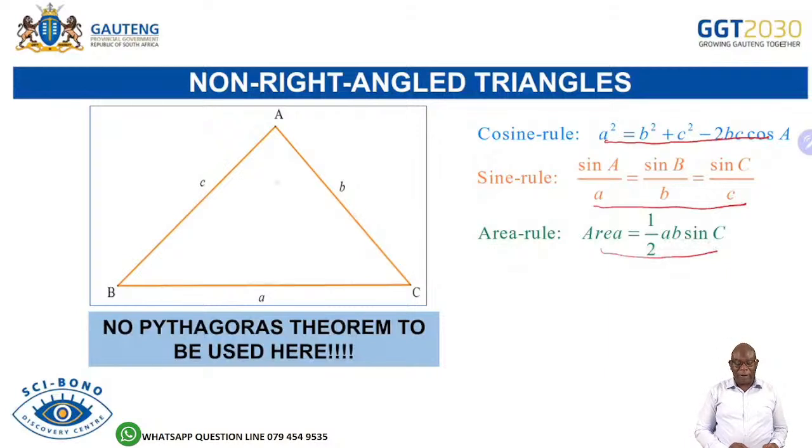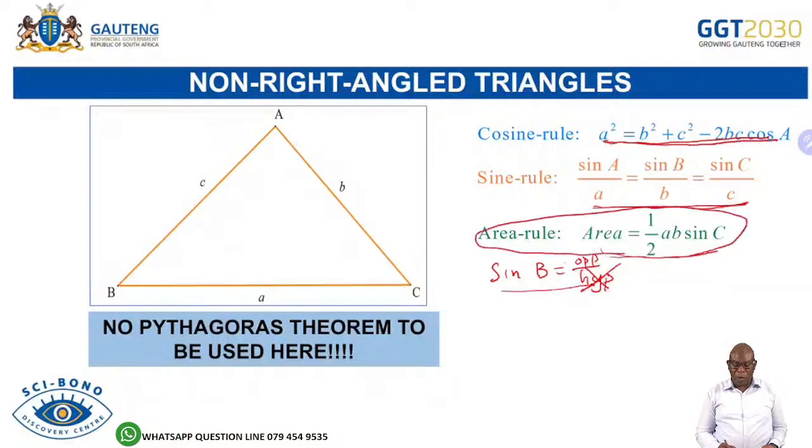We cannot have the sine of, say, B, equals whatever, because there is an opposite side, but do we have a hypotenuse? No, we don't. The hypotenuse is not there, because there's no 90 degrees on this triangle. So I cannot use the ratios. Never use the ratios when I have a triangle which does not have a 90 degrees. So that's where I'm going to apply these rules here.